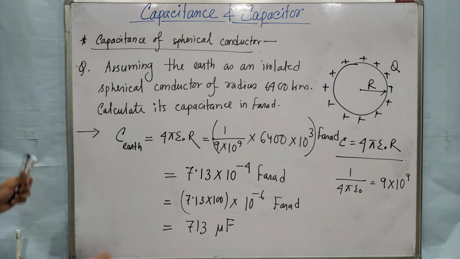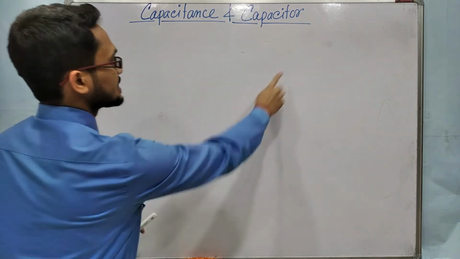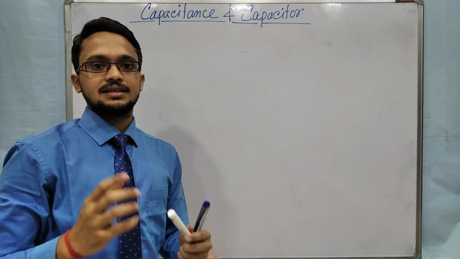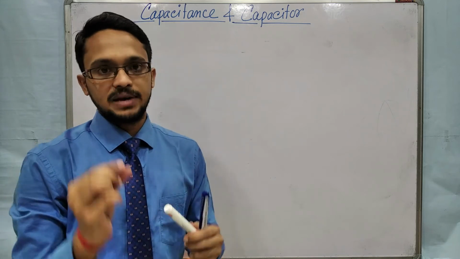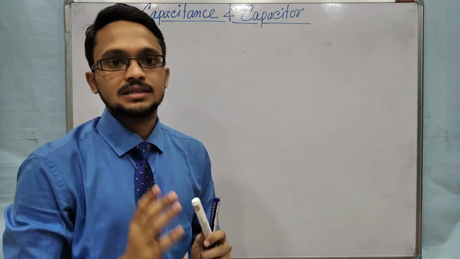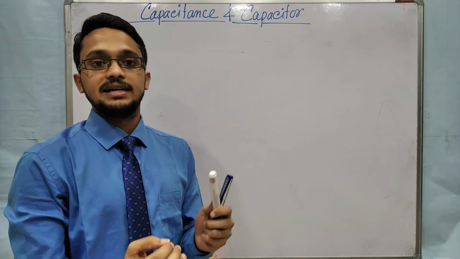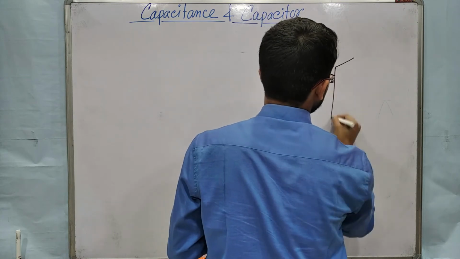I am erasing. Our next part is the capacitor now. What is a capacitor? A capacitor is a system of two conductors placed very near to each other, separated by some distance, and we place a dielectric medium in between them. Suppose I am taking this kind of capacitor.